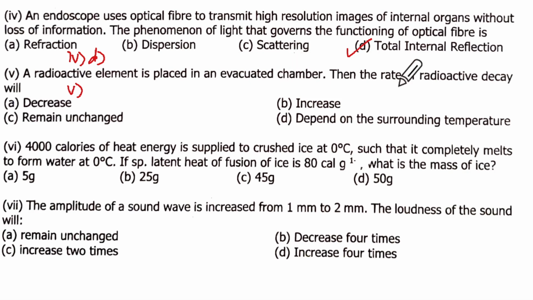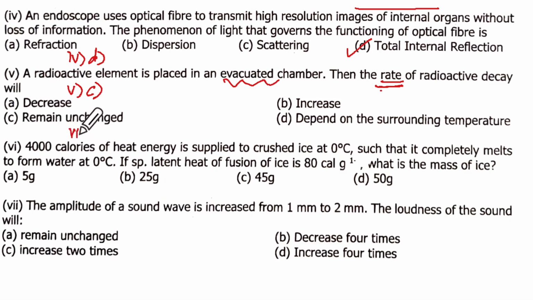The rate of radioactive decay will remain the same, but at the receiving, let us say, photographic plate, there will be a little difference, but the rate is not going to change. No? What is the rate of radioactive decay? It will depend upon the nucleus, right? It is not dependent upon the evacuated chamber. Understanding? Yes, ma'am. So it will be C, remains the same.